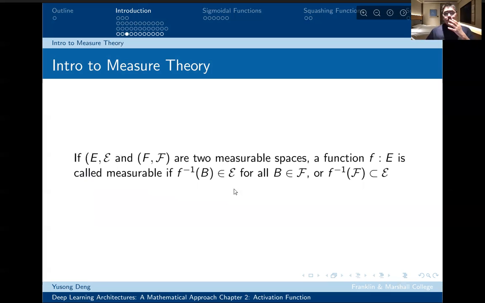And so if we have E, epsilon, and F, G, which are two measurable spaces, a function f is called measurable if the inverse of B is in epsilon for all B in G, or to say it another way, the inverse of f from E to F is part of epsilon. All right.